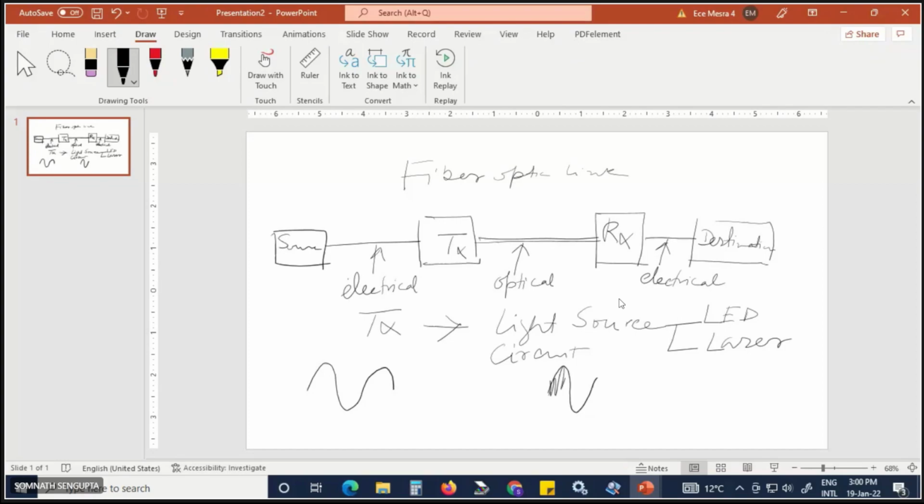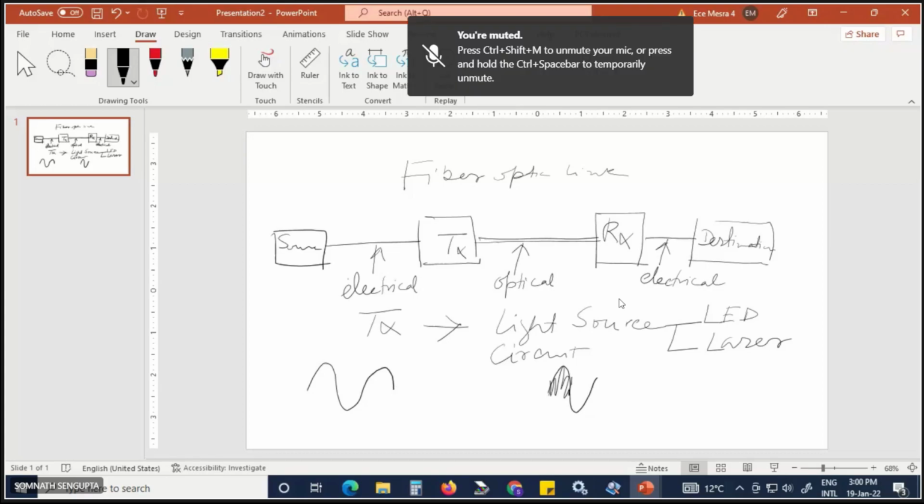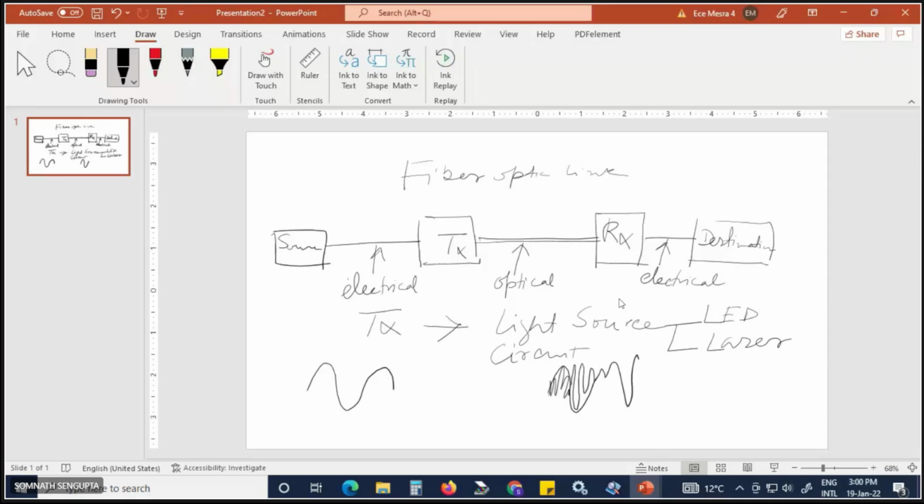It is the envelope of a very high frequency signal. The intensity of the light is varying according to the message signal.